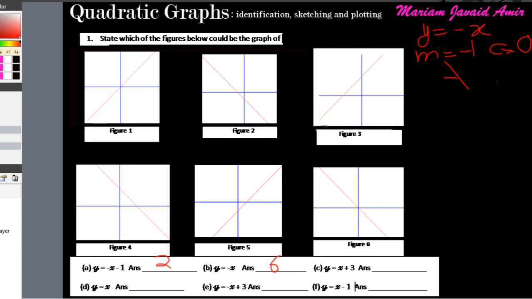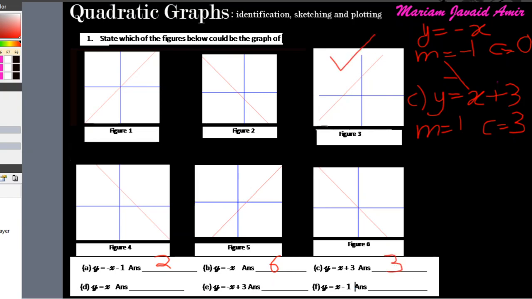Okay. Part C, y = x + 3. So the slope is 1 and the y-intercept is 3. So it should be a rising line which cuts the y-axis at 3. So that would be figure 3.